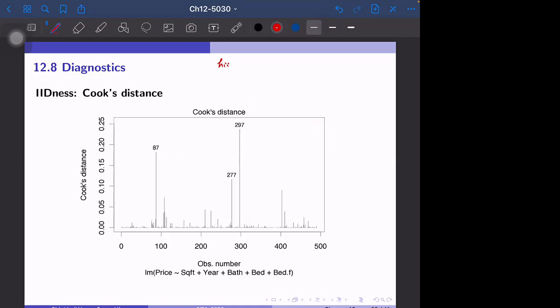But Cook's distance actually measures how much that observation affects the regression line.